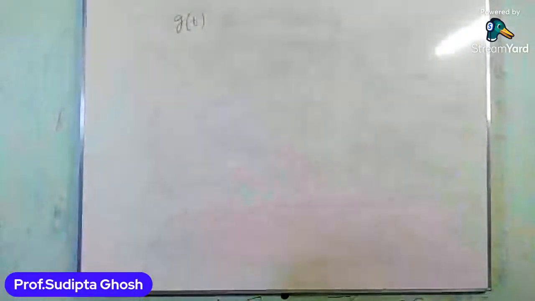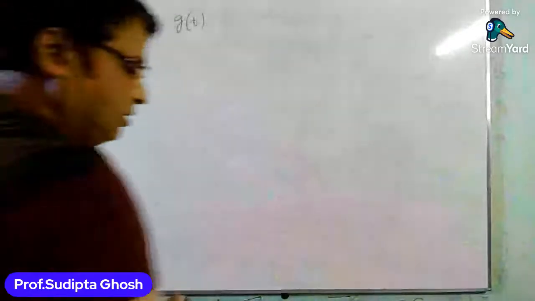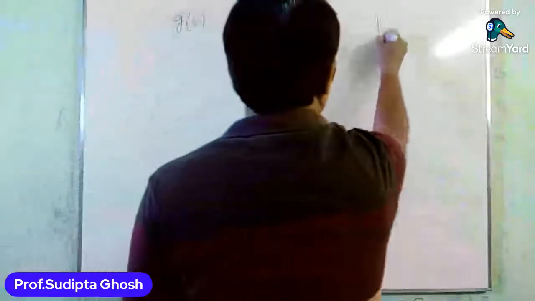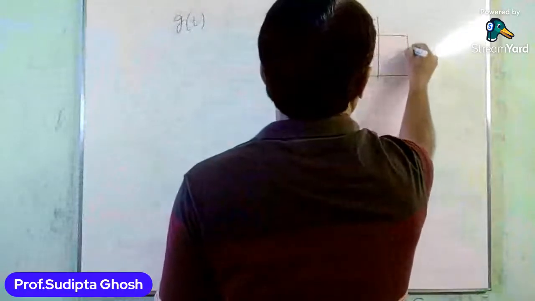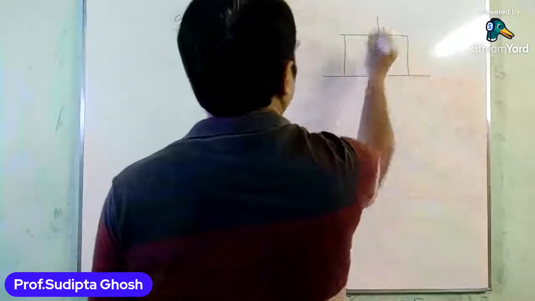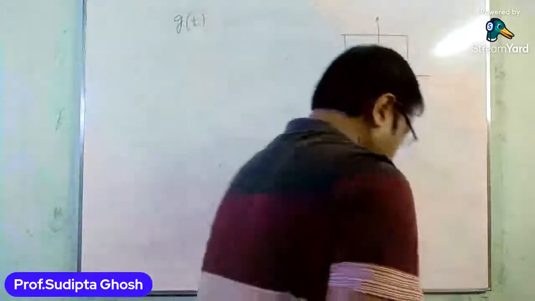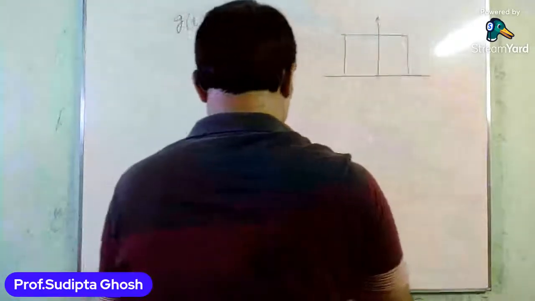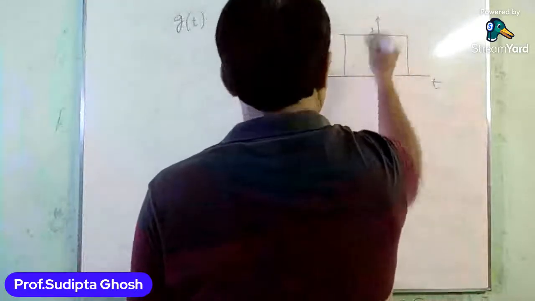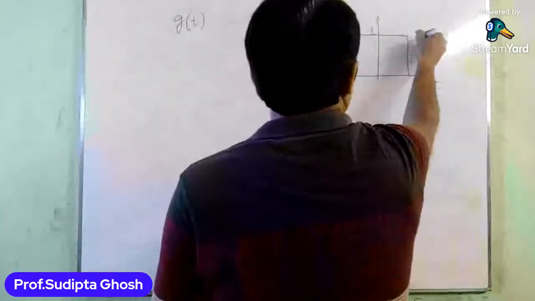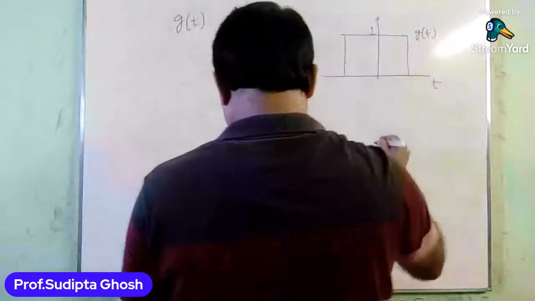So first of all, look at the function here. This is known as the rectangular function. Say this is the time axis. Let the value be 1. The function is g(t).